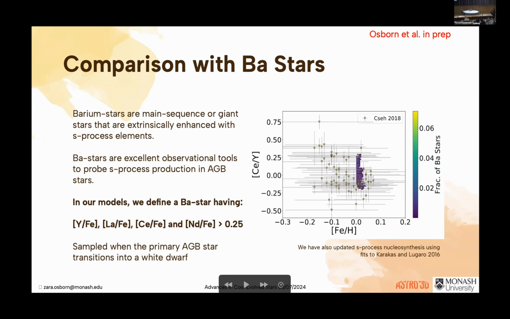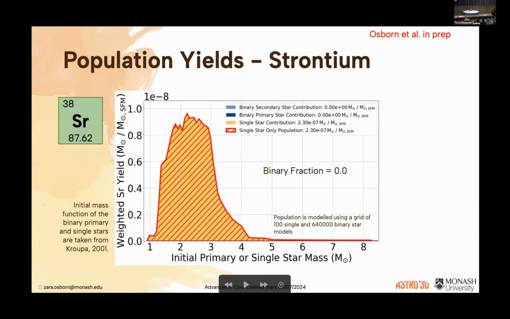So now that we have our models, we can see what happens when we put them in a stellar population. Now, this plot here shows the strontium that is ejected by our stellar population as a function of the initial single or primary star mass. And strontium, of course, is one of the s-process elements.